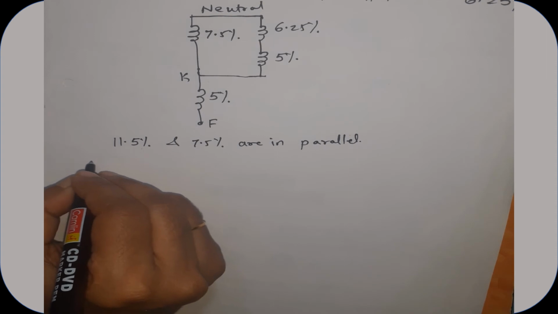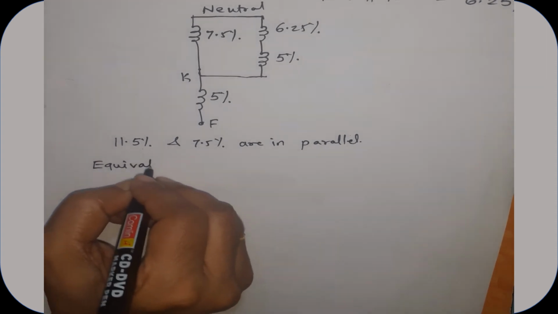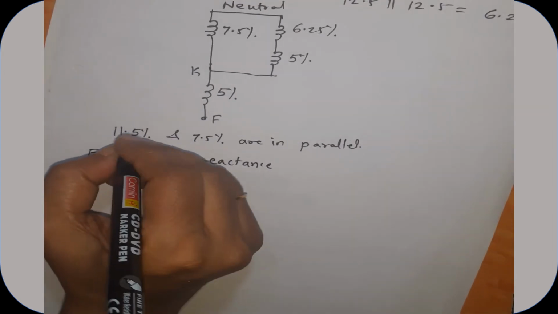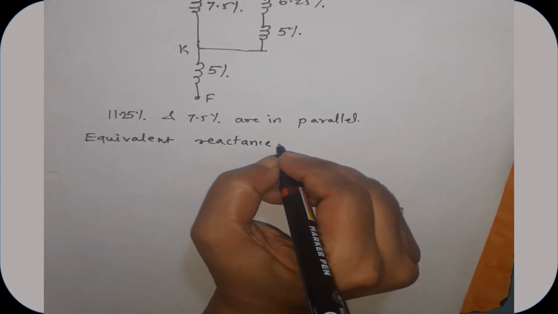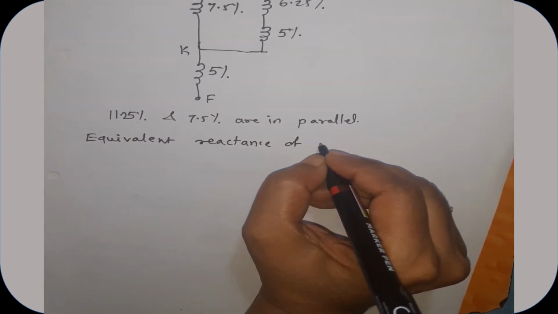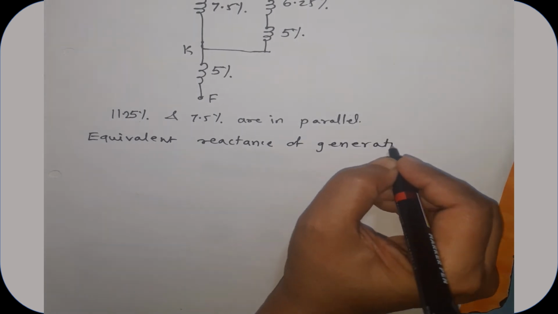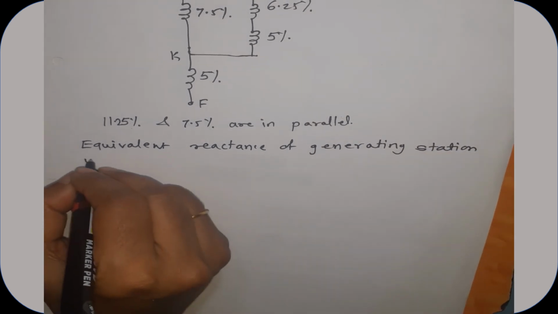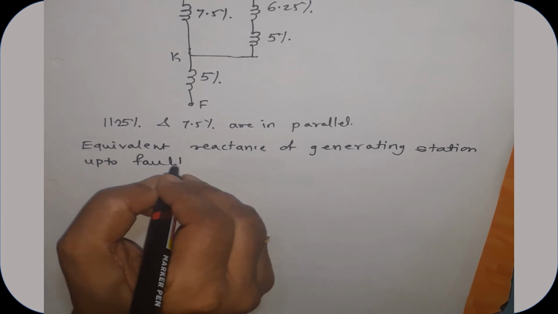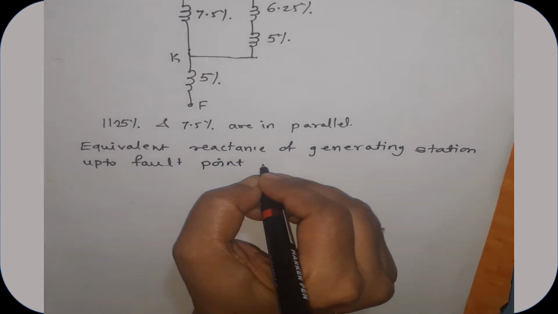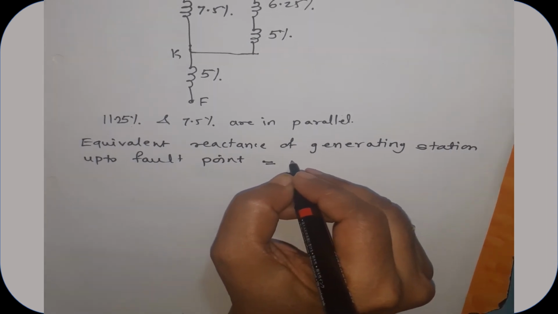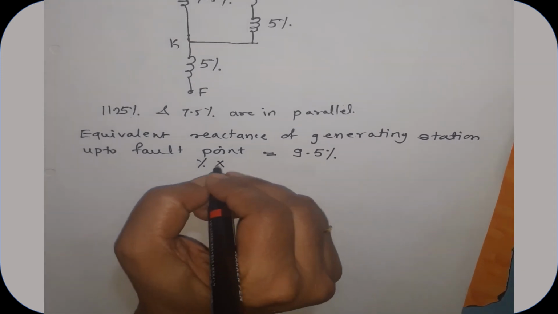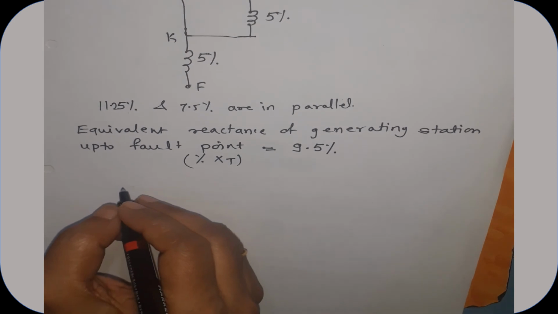By series parallel combination, the equivalent reactance of the generating station up to the fault point comes to 4.5%. So the equivalent reactance, percentage Xt, is equal to 4.5%.